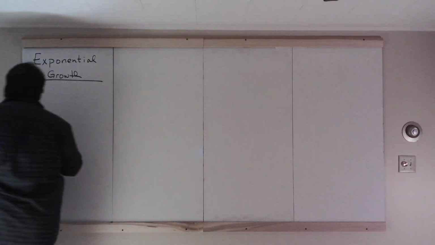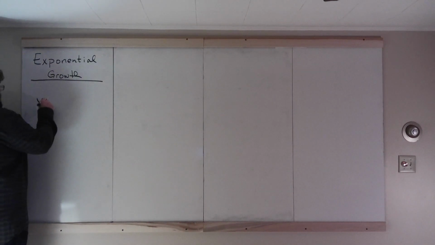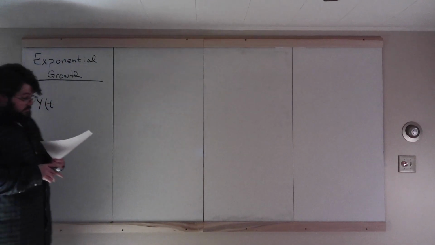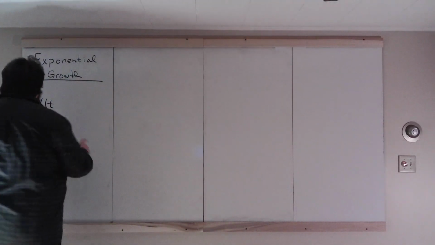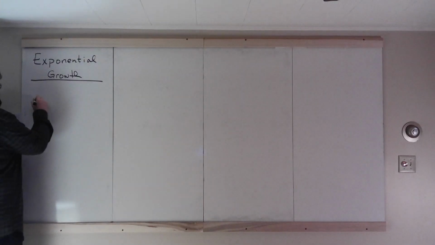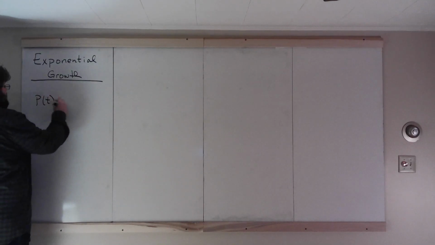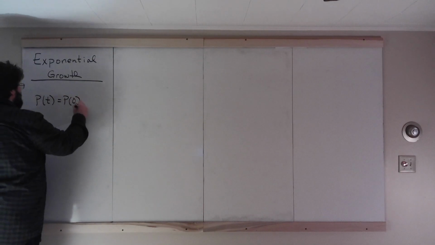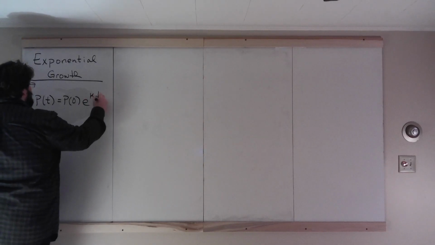That application satisfied an equation like this. I shouldn't use y, I'm using p in my notes, so I should use p here. So P of t equals P of 0 times e to the kt.